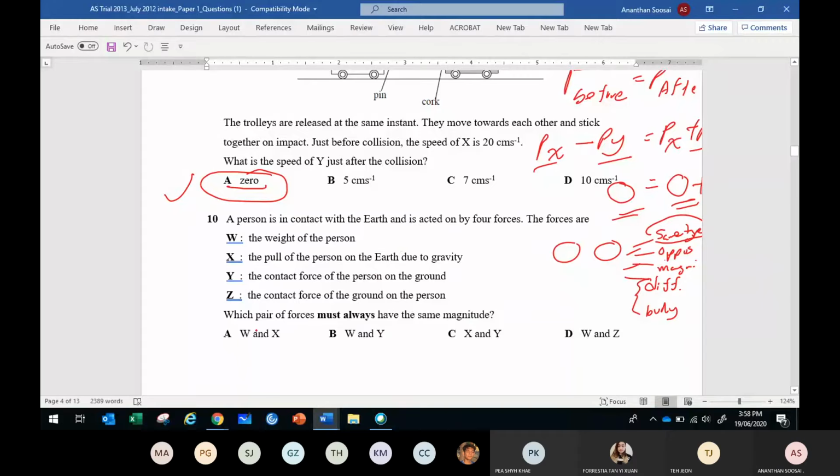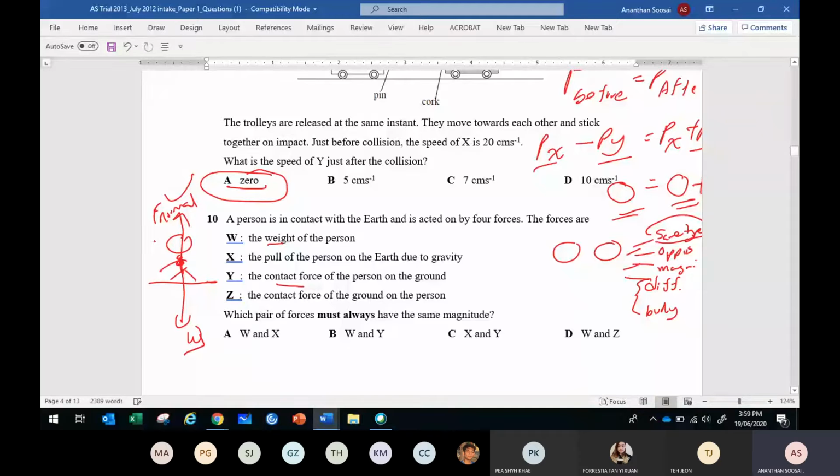Okay. W and X, or W and Y. W and X is an action reaction pair, or W and Y is an action reaction pair. Weight and the contact force, is it an action reaction pair? As I said last time, if you stand here, weight acts on you downward, and the normal reaction, pushed by the floor, is also acting on you.